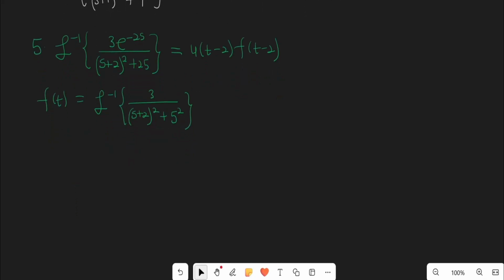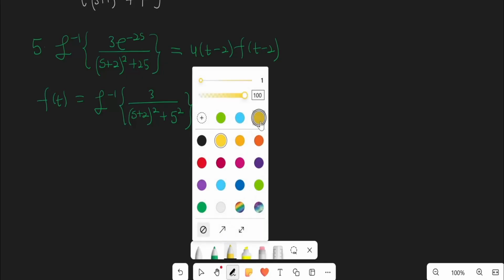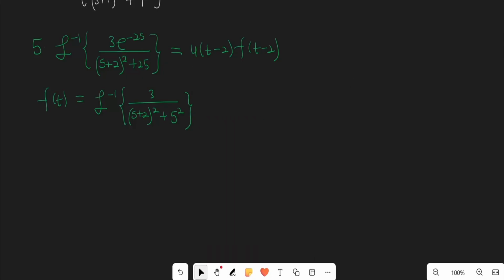So this one looks like the sine of at multiplied by a shift, multiplied by a certain exponential function. So let me do it here for you to see. If we have the Laplace transform of something like this, e to the negative bt multiplied by sine of at, if you can recall, this one is going to be a divided by s plus b all squared plus a squared.